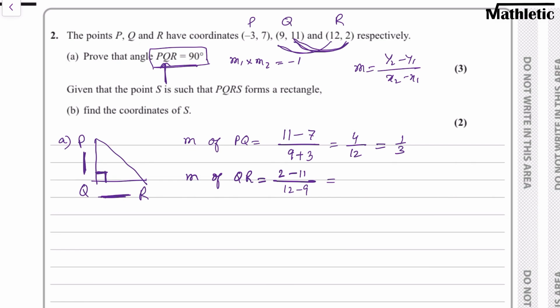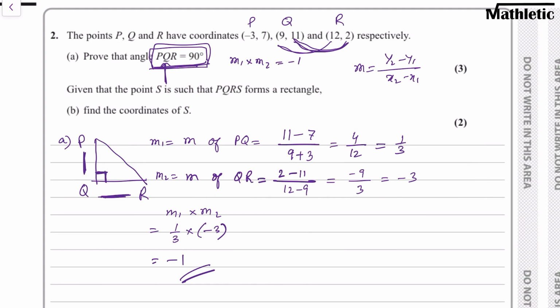So you get minus 9 divided by 3, which is minus 3. If this is m1 and that's m2, if I multiply m1 into m2, 1 by 3 into minus 3, I get minus 1. So yes, PQ is perpendicular to QR, proving that angle PQR is actually 90 degrees.